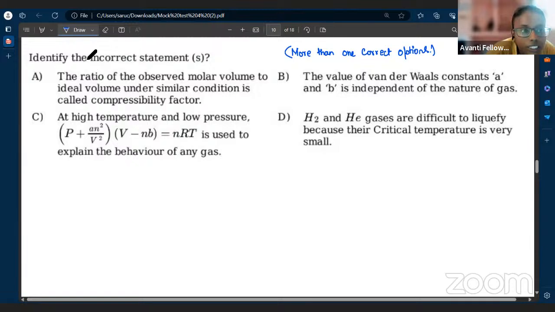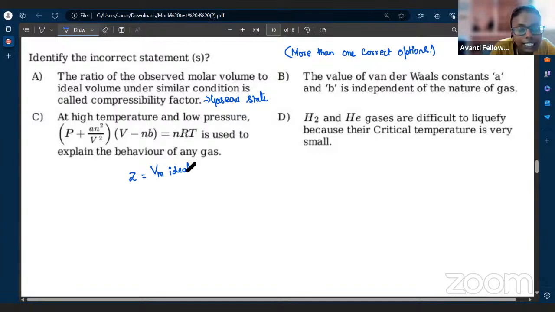Look at the first one: the ratio of the observed molar volume to ideal volume under similar conditions is called the compressibility factor. This question is from the gaseous state. Compressibility factor Z is the ratio of the observed molar volume to the ideal volume.